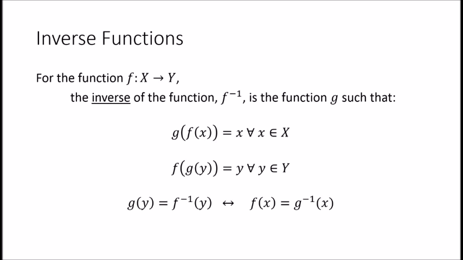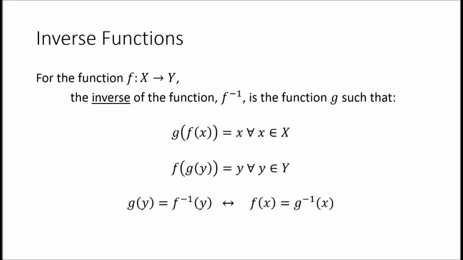Similarly, if you do it in reverse for an inverse function, you take a value y that is in the domain of function g of y, you run it through the function g of y, and then you take the result and plug it back into the original function f of x. The result will be your number back again.